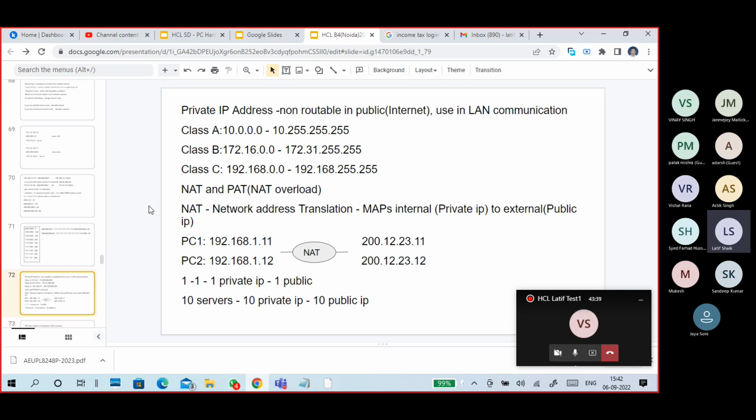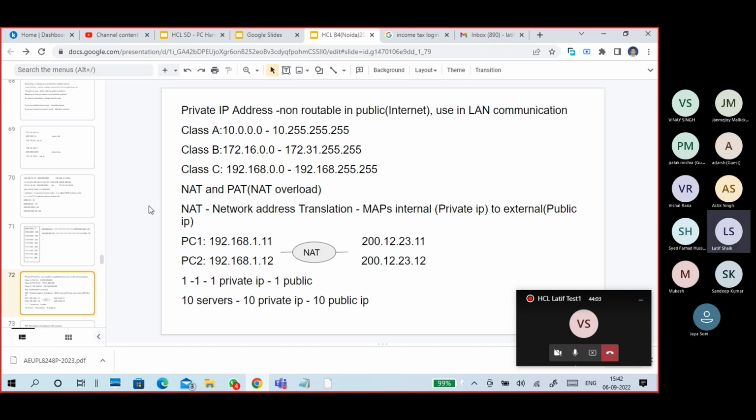Okay, so another part of the IP address is the private IP address. What is this private IP? It is non-routable on the public internet. My laptop has a private IP, which I got from my DHCP, which is nothing but my router.